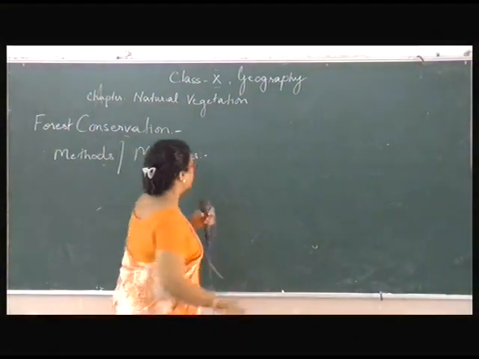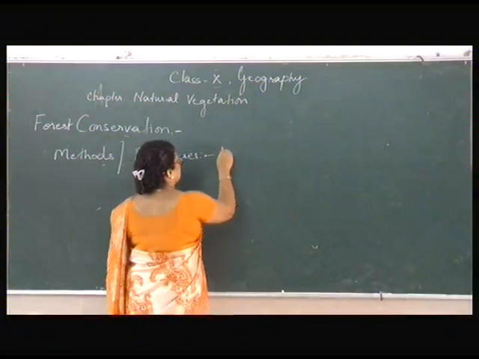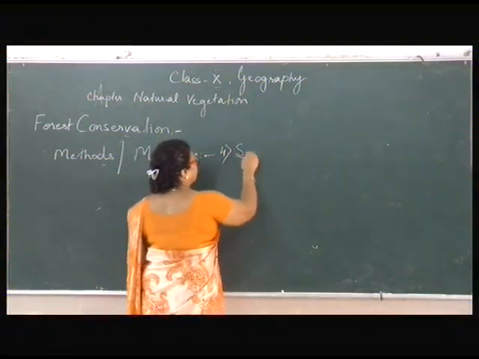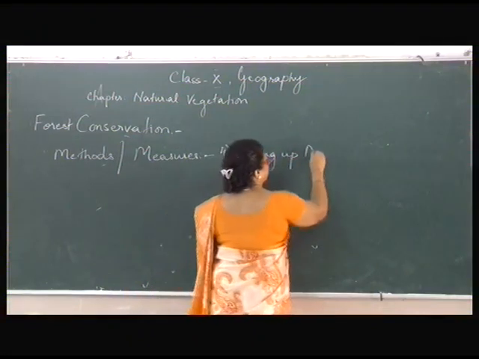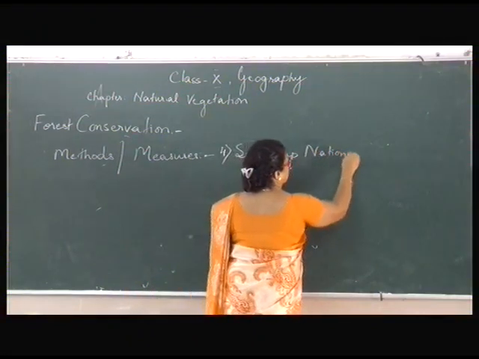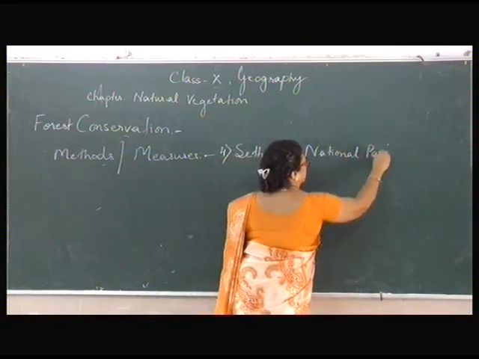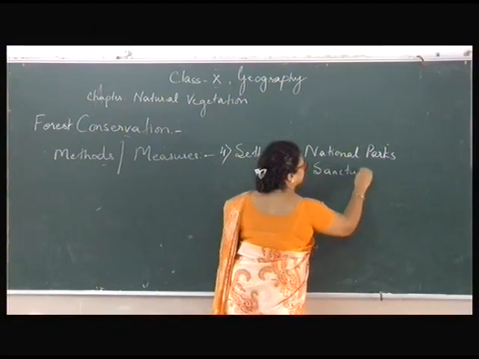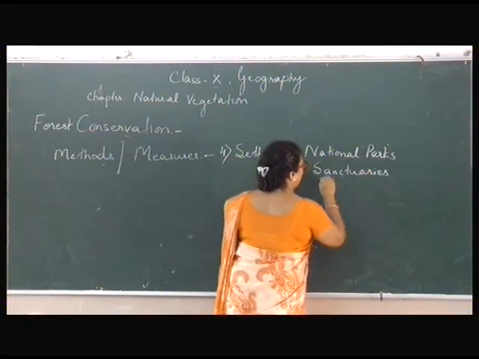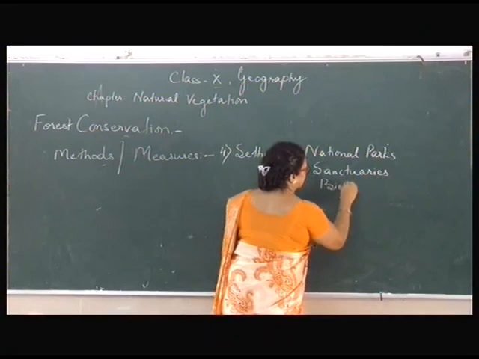Now, this point has not been mentioned in the book. This is your fourth point, setting up national parks, sanctuaries, and biosphere reserves.